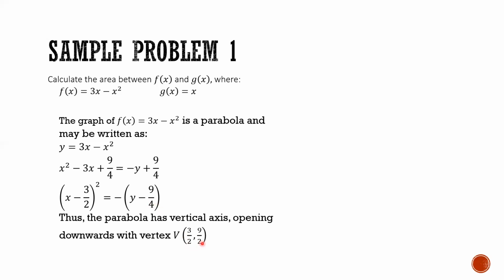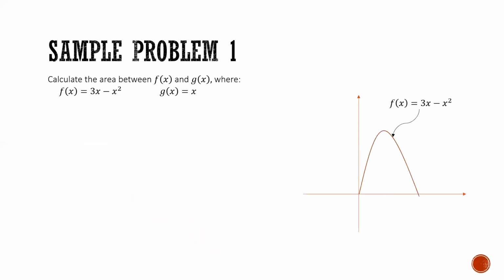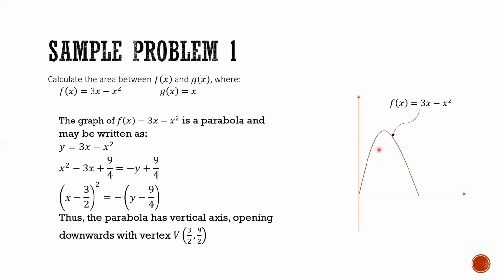This should be 9/4. Sorry for the mistake. Anyway, from the graph, if we plot that in our Cartesian plane, this would be the drawing. So this would be the point 3/2, 9/4.